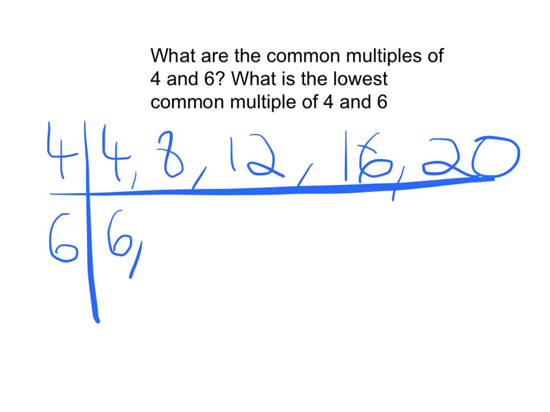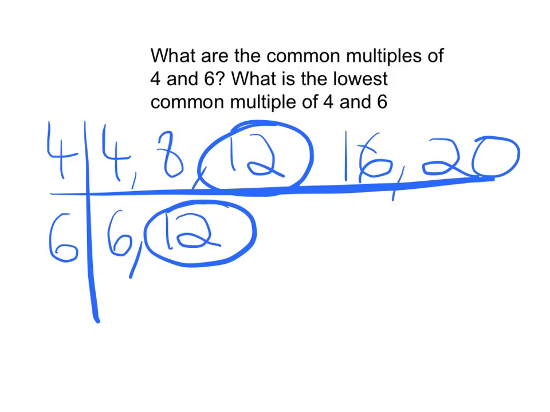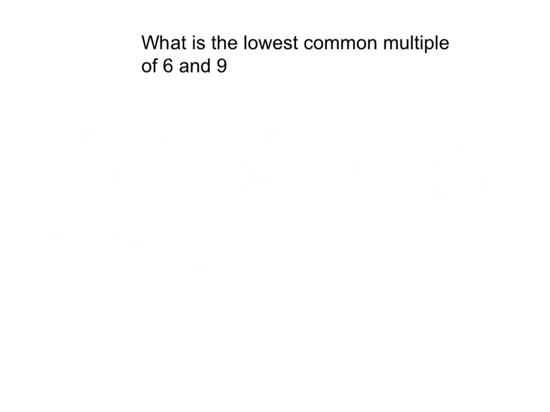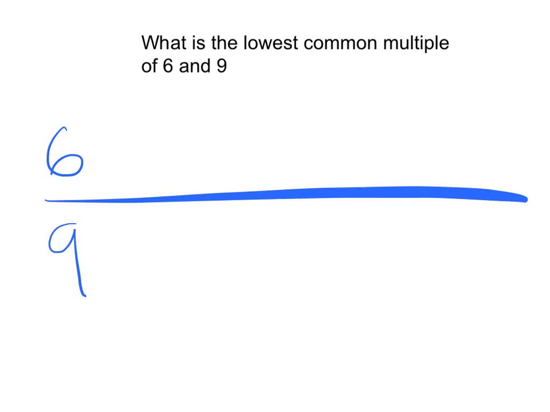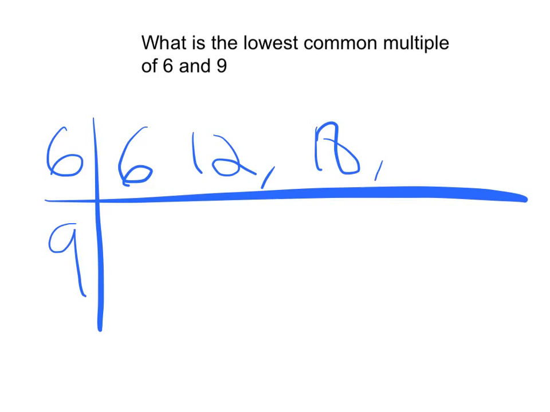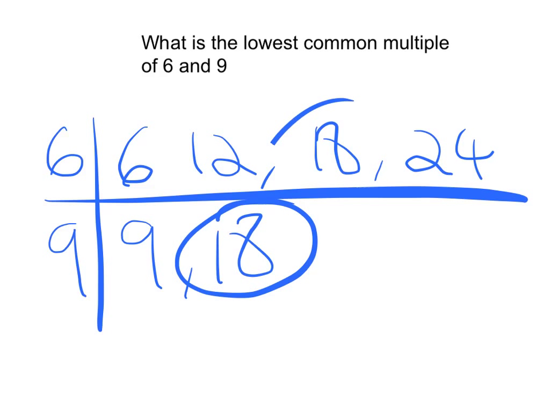Let's see, 6, 12, boom, there's our answer. 12 is the lowest common multiple of 4 and 6. Now 6 and 9. If we start doing it again, 6, 12, 18, 24. Here we go. 9, 18. The lowest common multiple is 18.